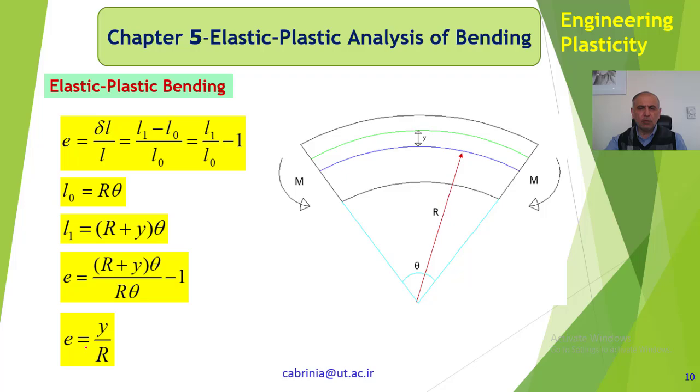Maximum strain related to maximum stress. Similar reasoning could be given for a fiber, for instance, somewhere here. Okay, for a fiber somewhere here, we can use similar reasoning like that, and we could use this to reason for the fiber on the bottom.